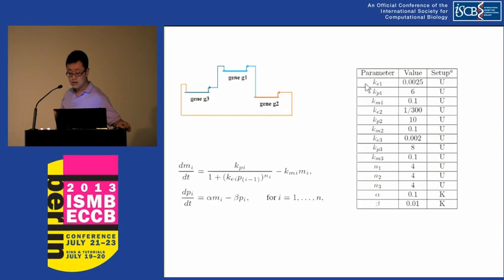And these are the unknown parameters that we want to estimate. Please note that the power here is also an unknown parameter, which means this is a highly nonlinear system. And the proteins can be more than 1 in the real case, but in this specific example, the regulation is only done by the protein of the previous gene.